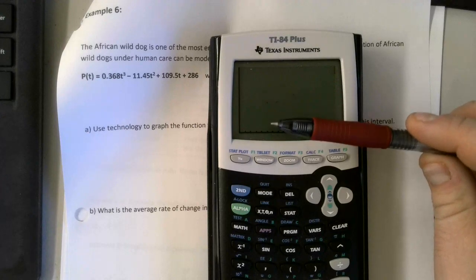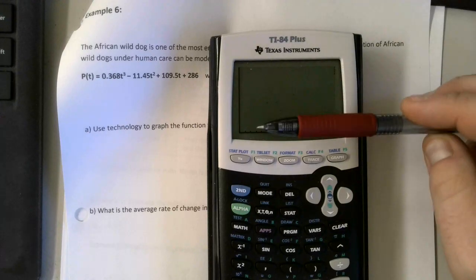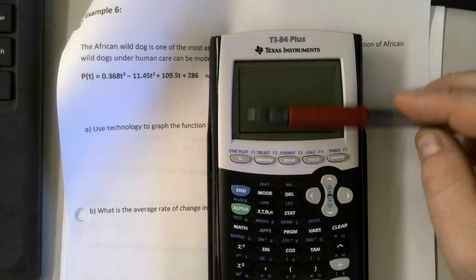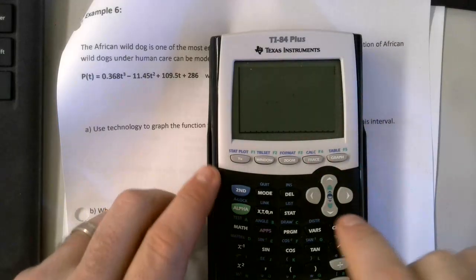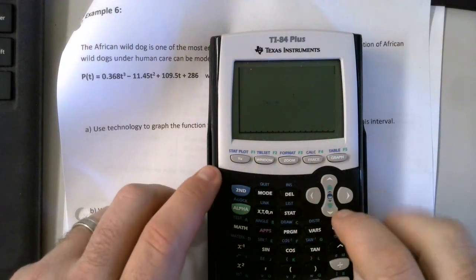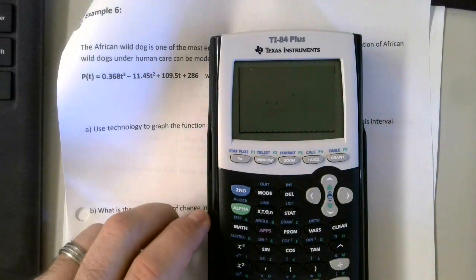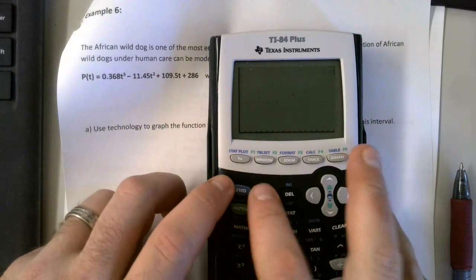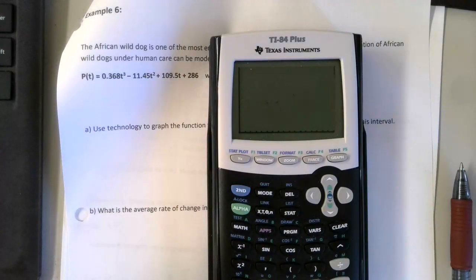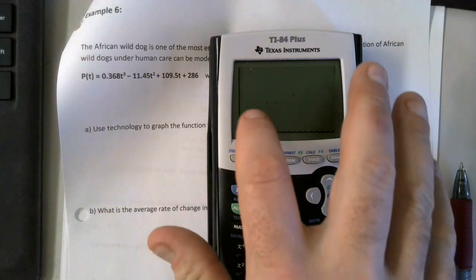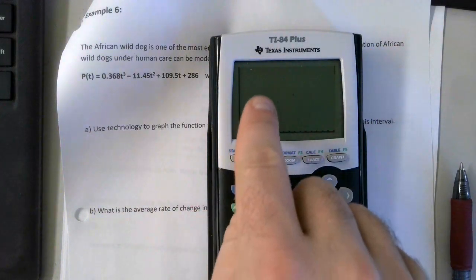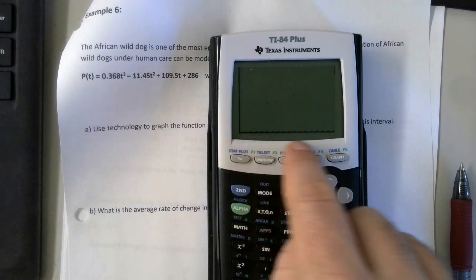So we might want to go a little bit above 286 or below just to see, because it's not showing up too well here. So I'm going to hit the window button and see if they'll let me do this. Still thinking here. Let's try to adjust the settings to make sure we can see what's going on from years 1 to 18.